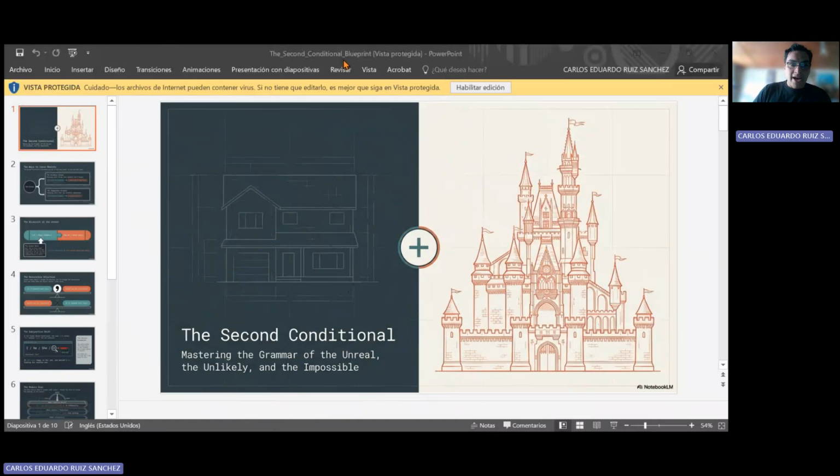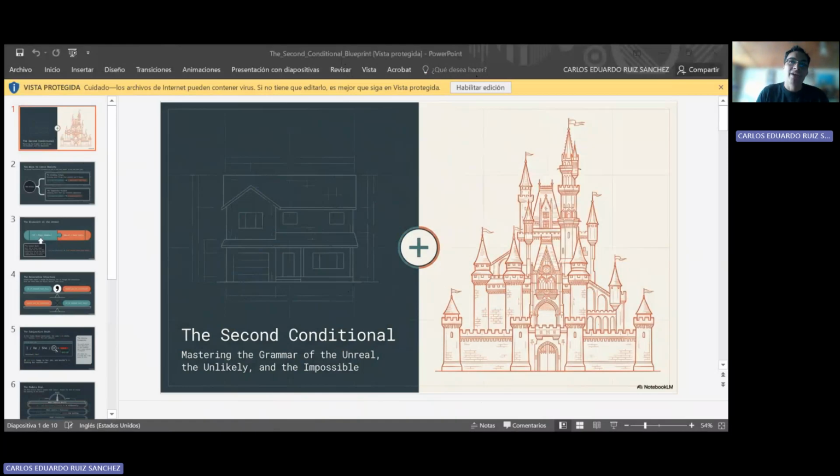Here, we've got something like a contrast between first conditional and second conditional, and what could be the attitude of the person or people involved in these two situations. The first one, first conditional, which we used in our previous class, is the optimist, okay?